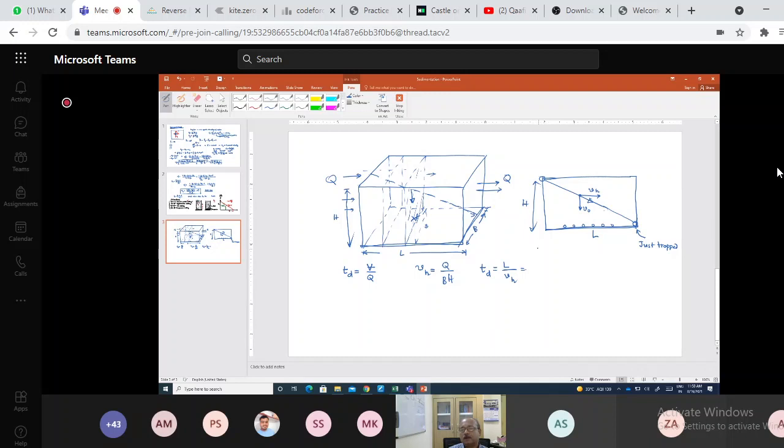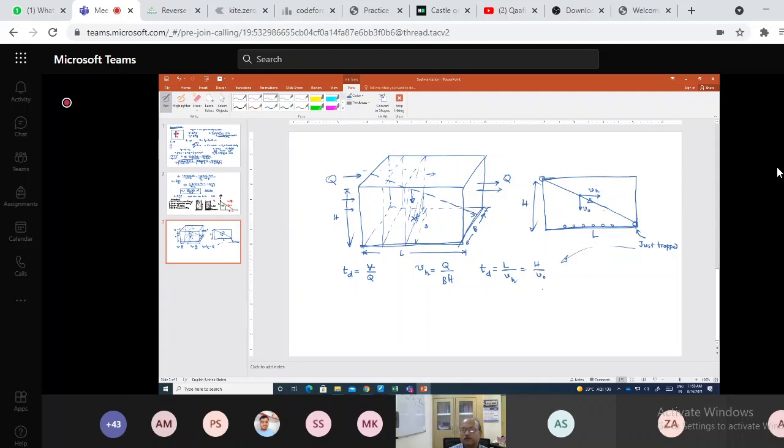And if you consider the height, the drop time is h by v0, right? So for this particle which is just trapped, this will be the limiting condition.